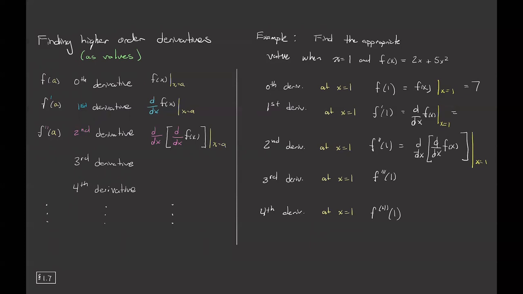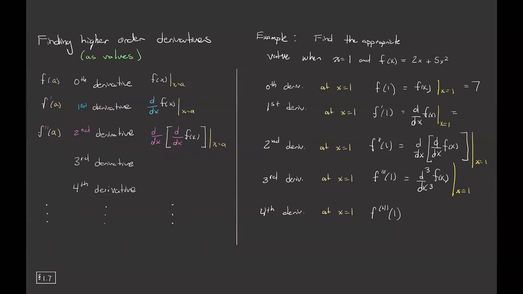Then for f triple prime, same kind of thing. We're going to take, and now I'm going to condense notation, d cubed dx cubed f of x. That's just a shorthand notation for taking the derivative 3 times of f of x. So we'll take that and then we will evaluate it when x is equal to 1.